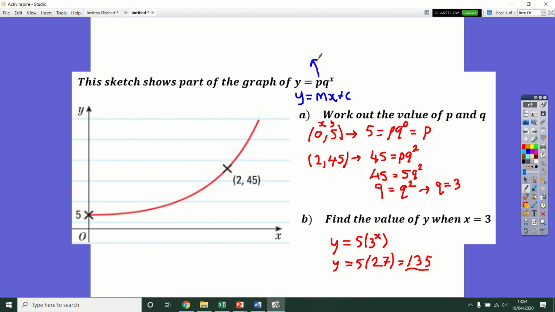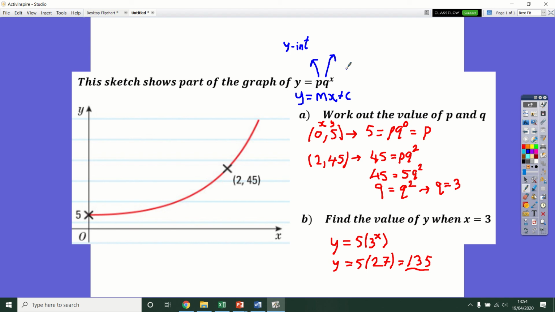So p, just like with my example, you notice that that told us the y-intercept. It's the same for an exponential. So that p is the y-intercept. When you get x to be 0, that's what you get. And q, well, similarly to the value of m, it's the rate of change.